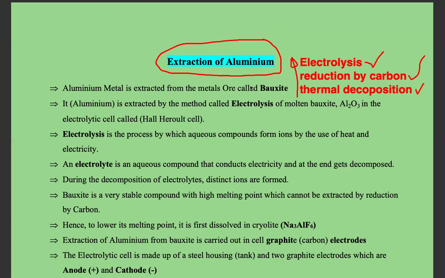So you don't have to forget. The common name for the metal ore, this question might come in an exam, it might come in a test. The metal ore for aluminium is actually called bauxite.